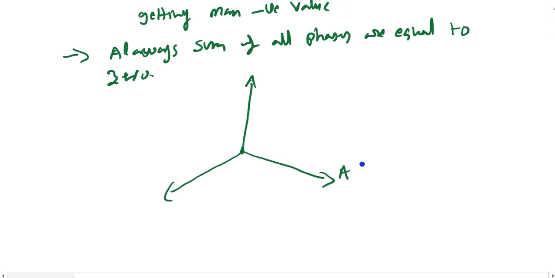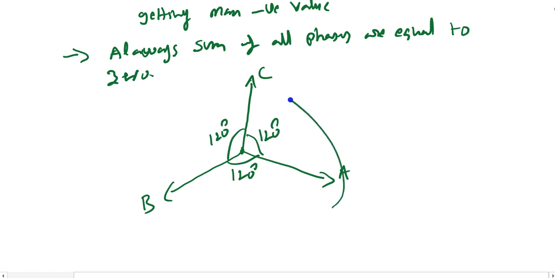So suppose this is A phase, this is B phase, and this is the C phase. Between these two there is 120 degrees, and between B and C also 120 degrees, and assume my vectors are rotating in this direction. This is the vector rotation, I'm assuming counterclockwise direction.